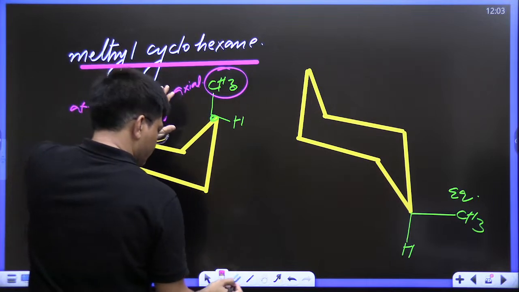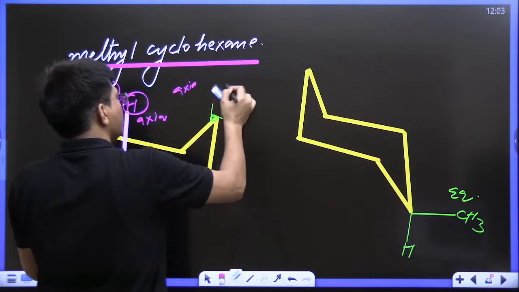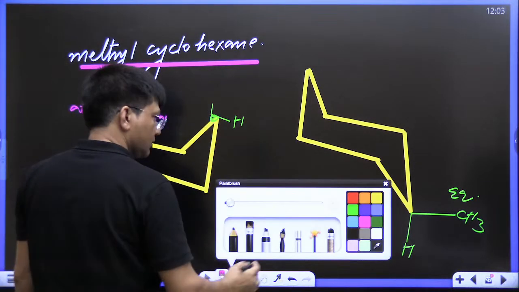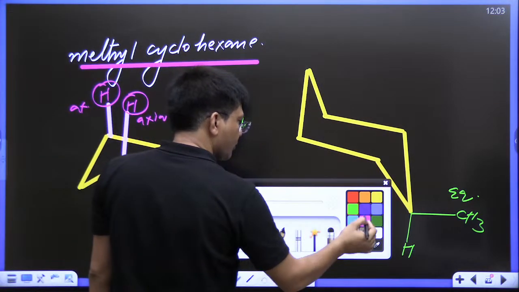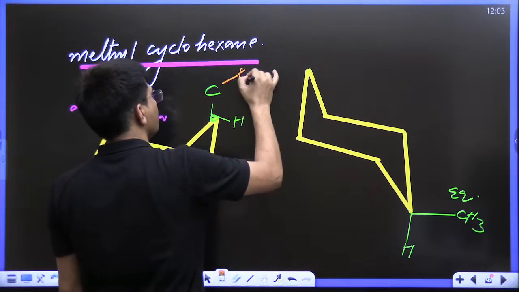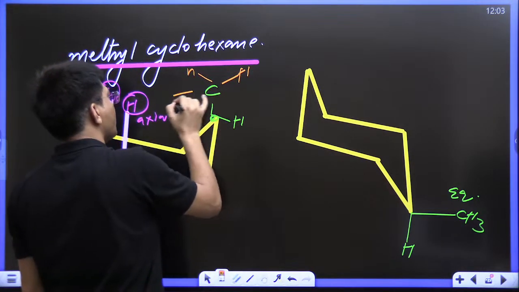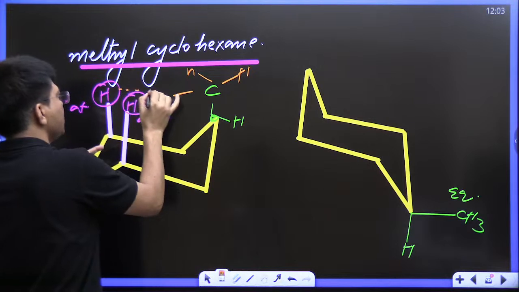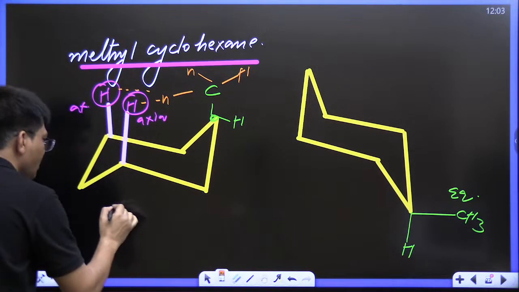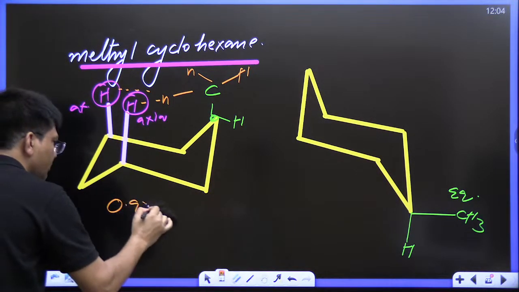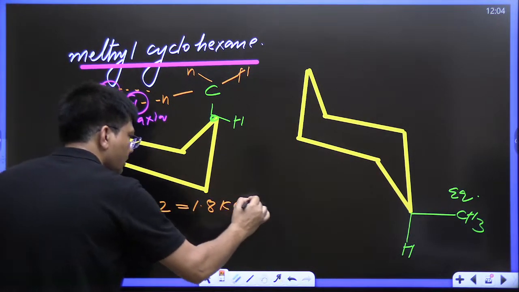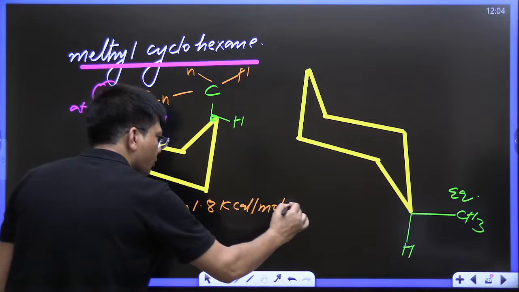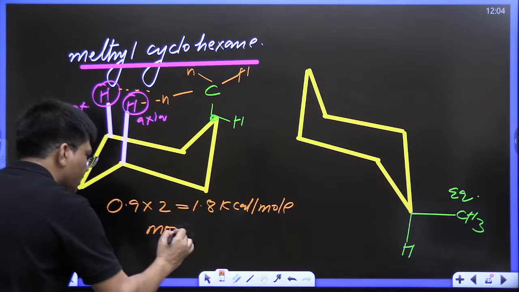How will they do that? This methyl is like this carbon with its 3 hydrogen atoms. One hydrogen is going over there, one here, one will come nearer to it, and there will be repulsion. So this has 0.9 into 2, 1.8 kilocalorie per mole more energy.